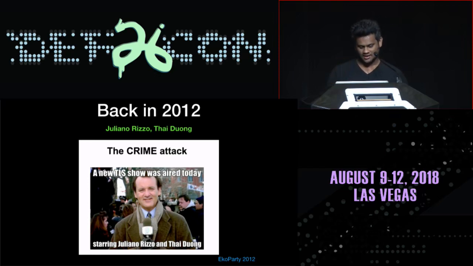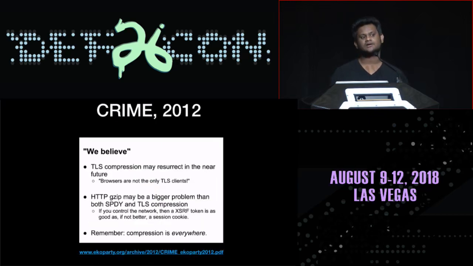And the most interesting thing about their work that I loved is that they also predicted the attacks that would come in the future, right? They also said HTTP gzip may also be vulnerable to this, and they provided examples, but their research didn't talk about how this would happen in a real-world attack for HTTP responses.